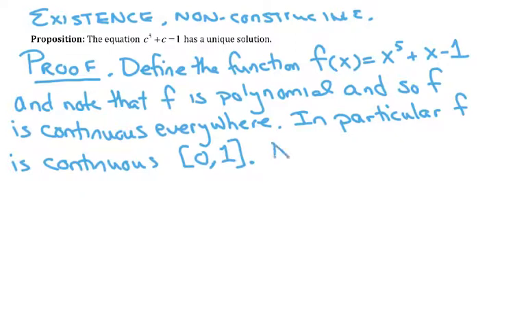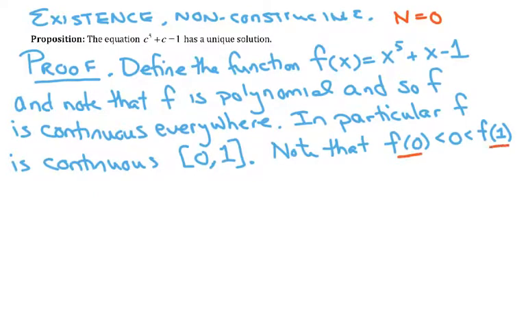So note that f of 0 is less than 0 and f of 1 is greater than 0. So we have our number n equals 0 between f of a and f of b. F of 0 was negative 1 and f of 1 was 1.